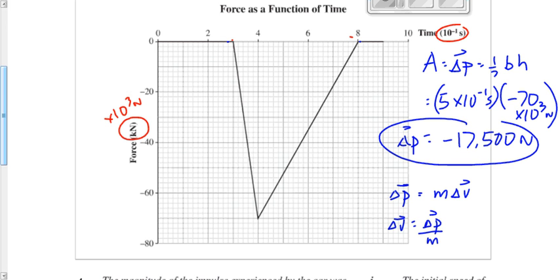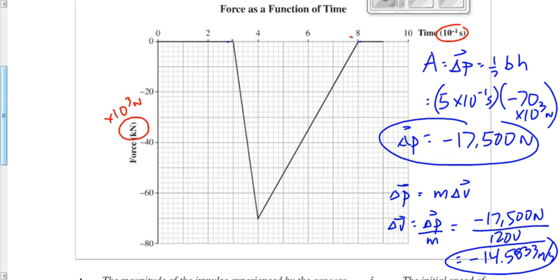So we're going to say it's negative 17,500 over the mass here, which is 1,200 kilograms. We do that math. Change in velocity works out to be negative 14.5833 meters per second. So if the final is 0 and it changed by negative 14.5, then the initial must have been positive 14.5.